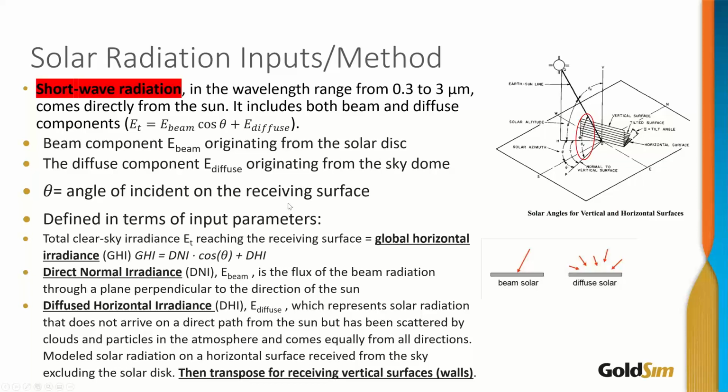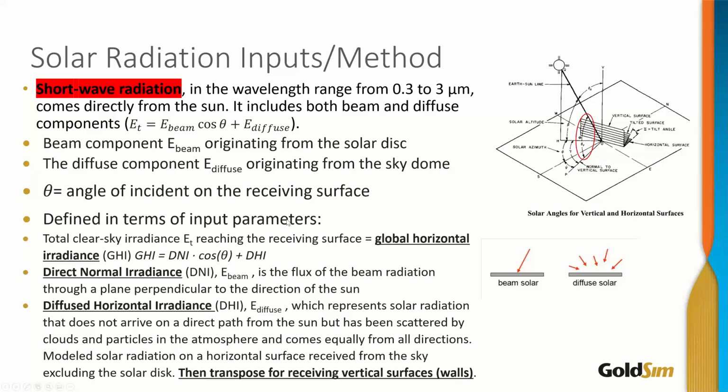But the way we calculate it is we start with the horizontal surface, and after we calculate the two components for the horizontal surface, we can then transpose it to a tilted or vertical surface.